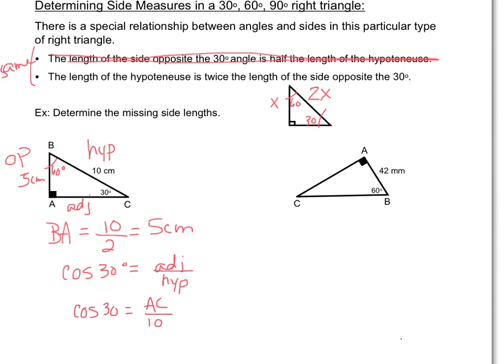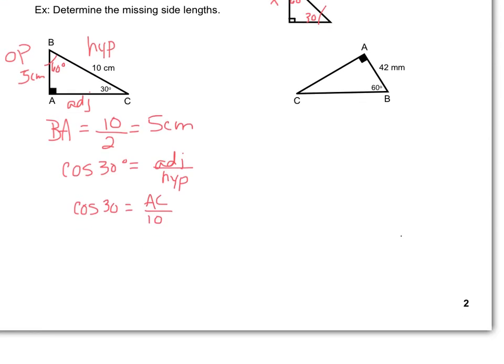So to solve for side AC, we're going to cross multiply. 10 times cosine of 30 equals 1 times AC, so that's just AC. You should put this in your calculator all in one step, 10 times cosine of 30, and you should get 8.66 centimeters.